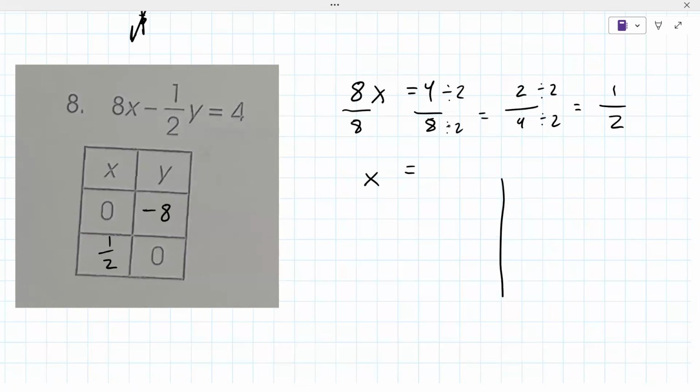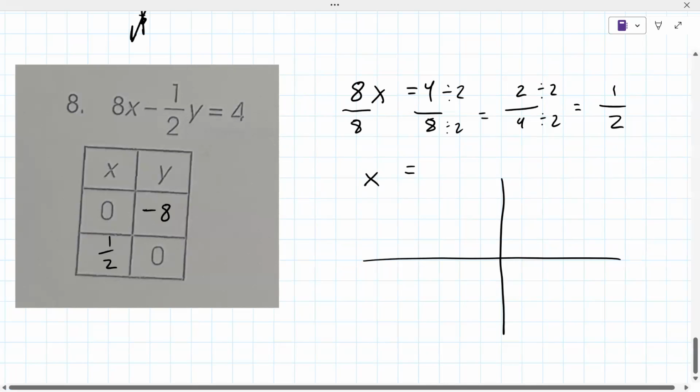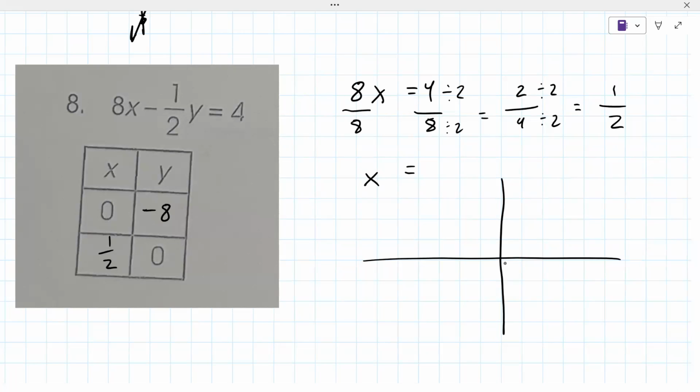All right. Could you make a quick sketch of that for us, please? Okay. So -8, that's way down here. And then 1/2 maybe there. So it's pretty what's called steep.